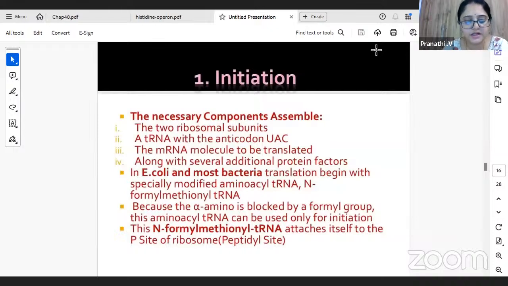Before that, I hope DNA transcription was already dealt with. So I'll just share an image which shows how the transcription machinery is going to be there.